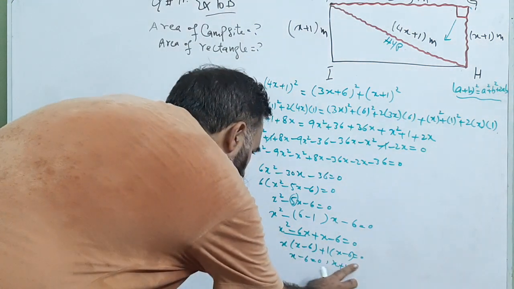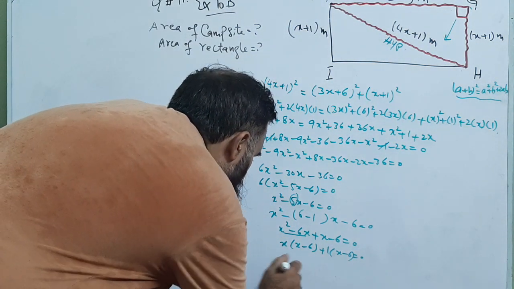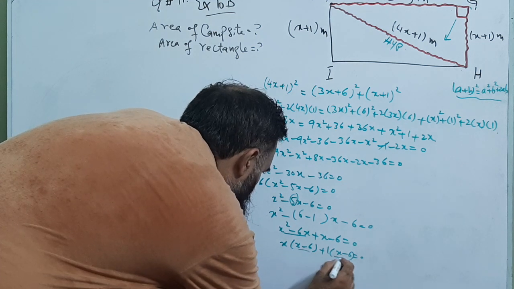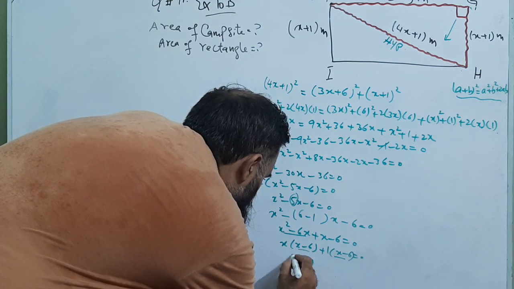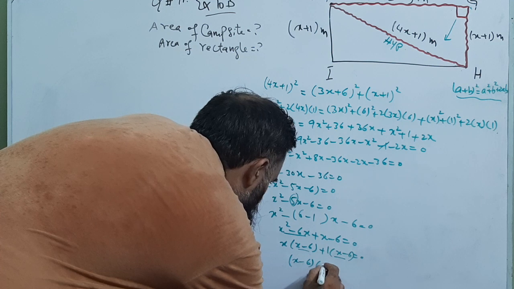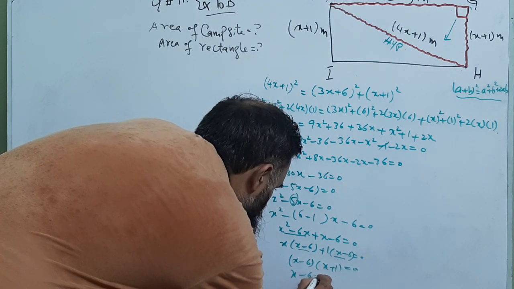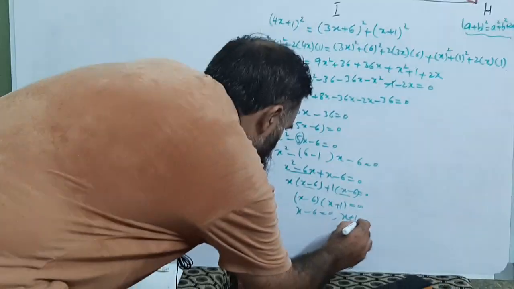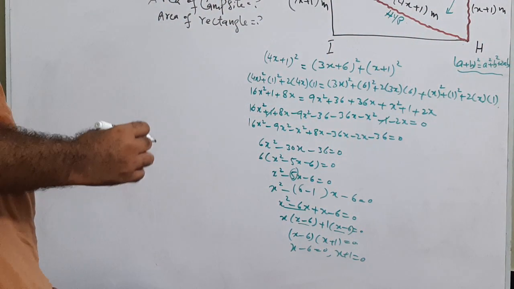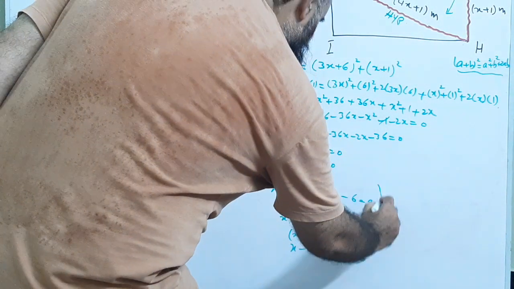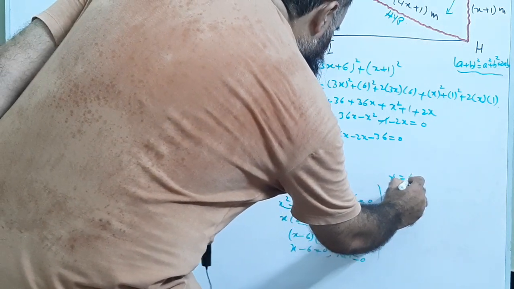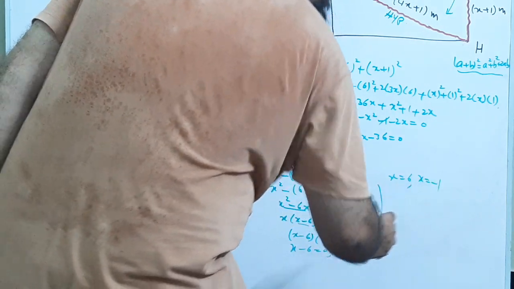Or we can do it like this. I will add one more step. x minus 6 is common, so x minus 6 and x plus 1 is equal to 0. So it means x minus 6 is equal to 0, x plus 1 is equal to 0. So x is equal to 6 and x is equal to minus 1.